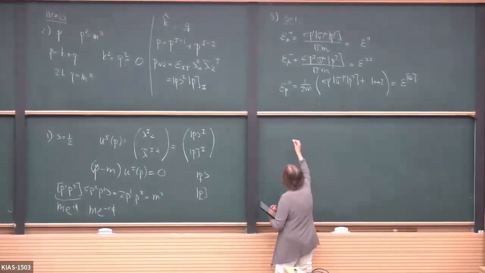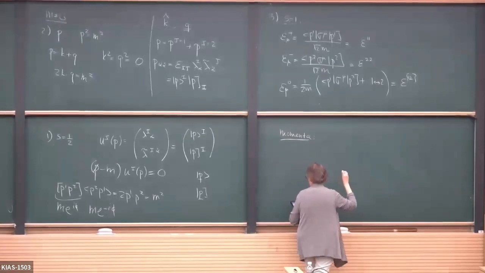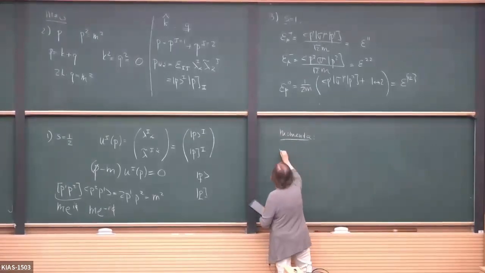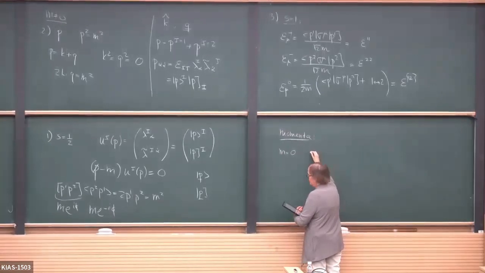So let's go back to our expressions for the momenta. For an m equals 0 momentum, we can write the momentum as pp.